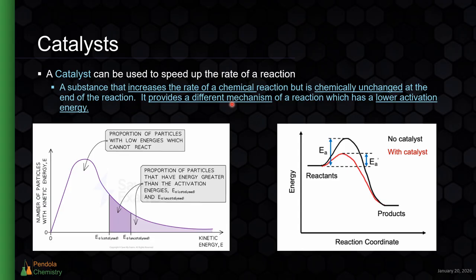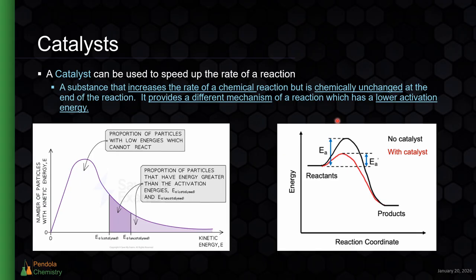So what the catalyst does is that it provides a separate mechanism through which the reaction can happen, and that mechanism has a much lower activation energy than the original mechanism for the reaction. Now, the catalyst does this by not ever being consumed, but its presence itself provides the alternate mechanism.